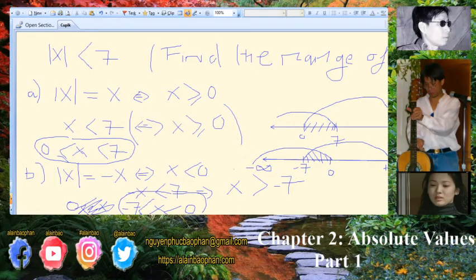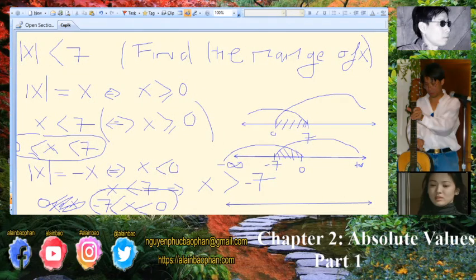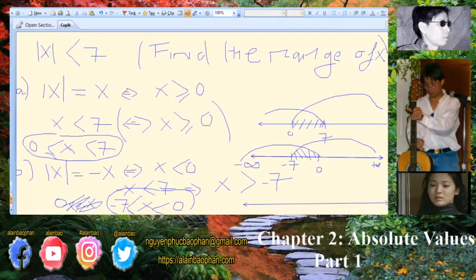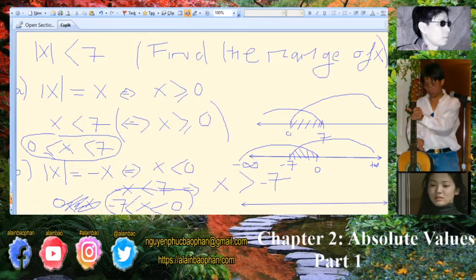So now, can we combine both of them? Let's draw another line here. You have minus 7 here, 0 here, 7 here. The first case is x greater than 0 and less than 7, from here to here.